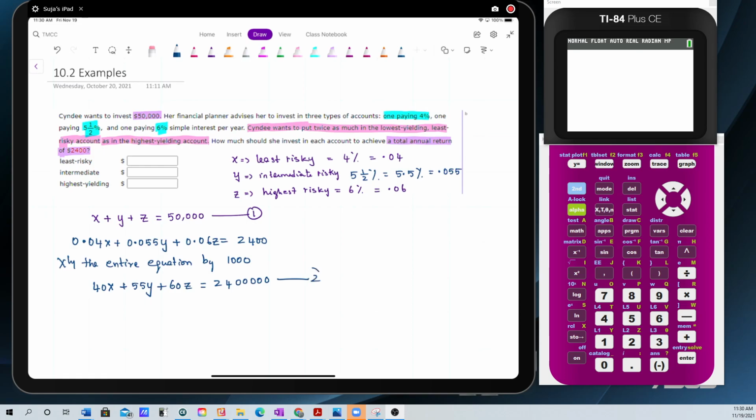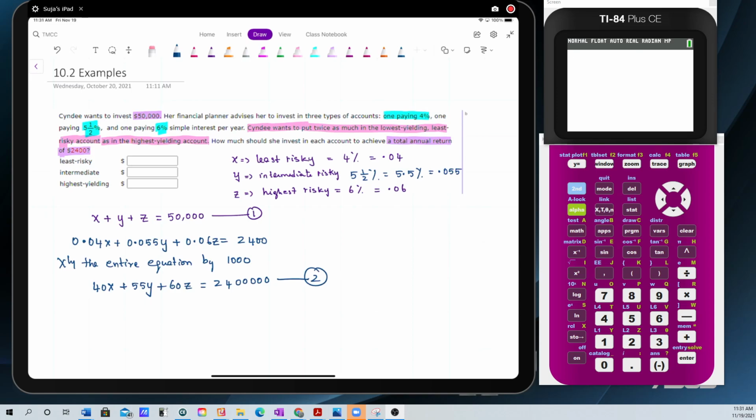Okay. Now the third equation is coming from the pink highlighted portion. She wants to put twice as much money in the lowest yielding, least risky account as in the highest yielding account.